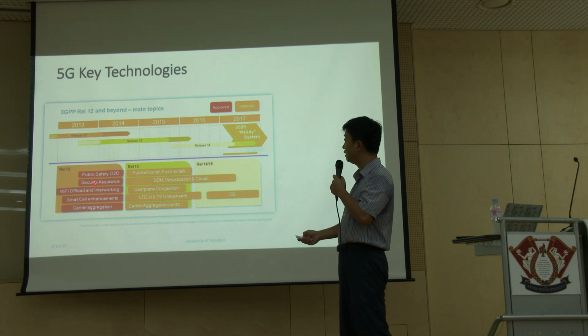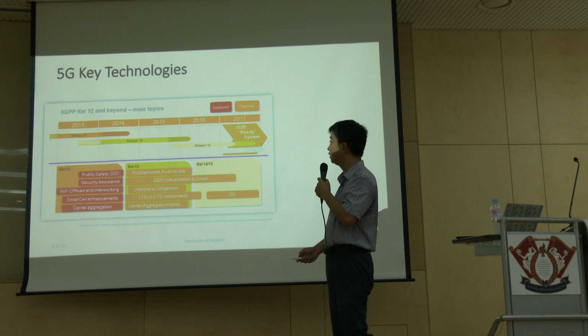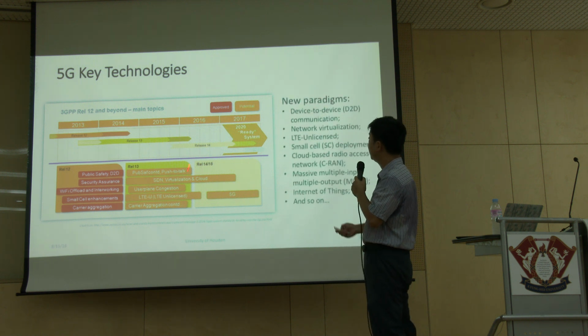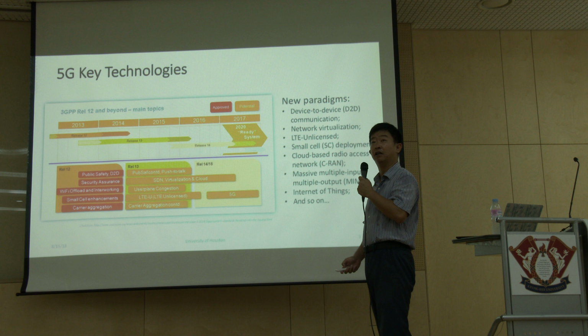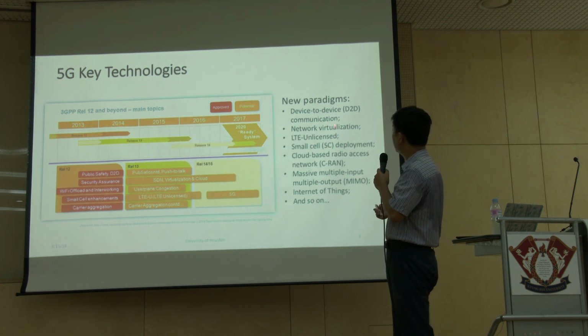For example, D2D, SDN, LTE, and all these small cells, and all these types of small things combined together, such that they can achieve the 5G requirement. Basically, there are all kinds of network virtualization, C-RAN, massive MIMO, Internet of Things.